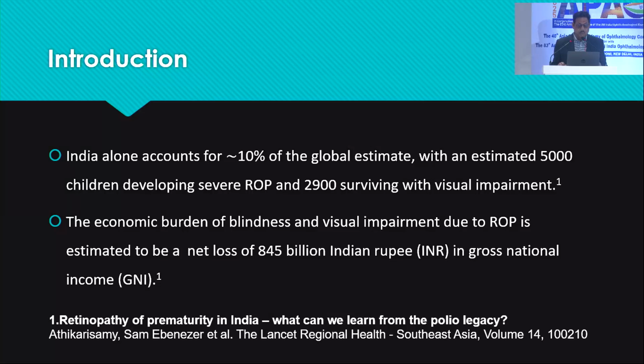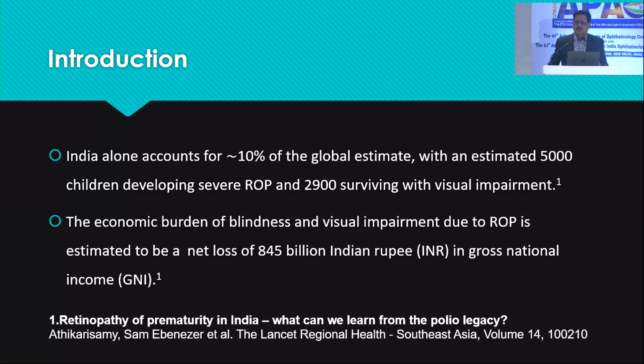Okay. So, there are various estimates. India alone accounts for 10% of the global estimate. Of children developing severe ROP, 5,000 develop severe ROP, and 2,900 survive with visual impairment.